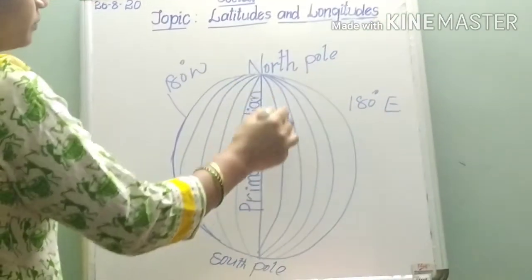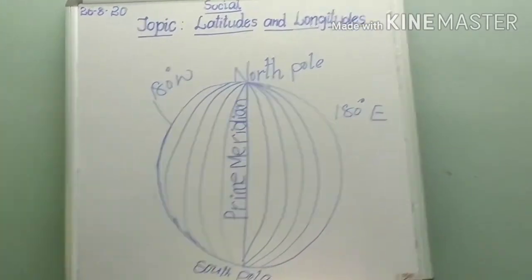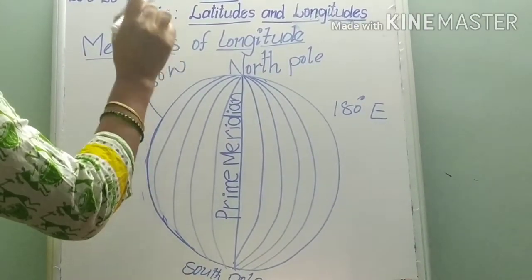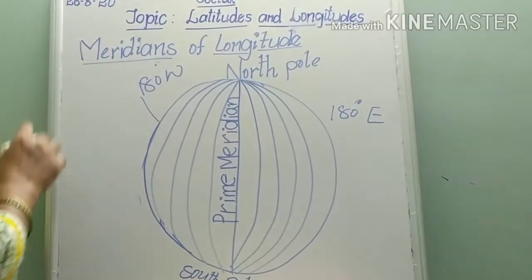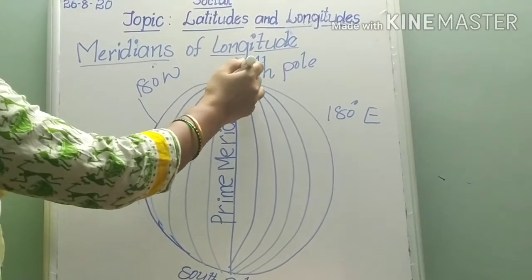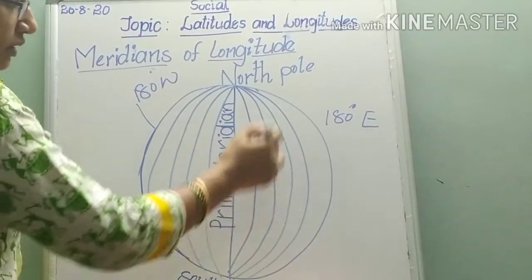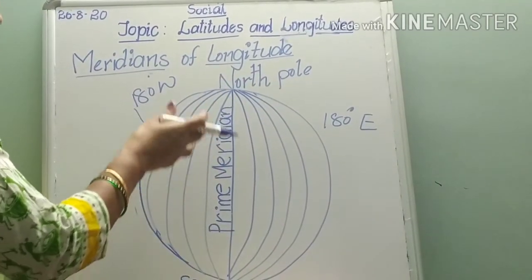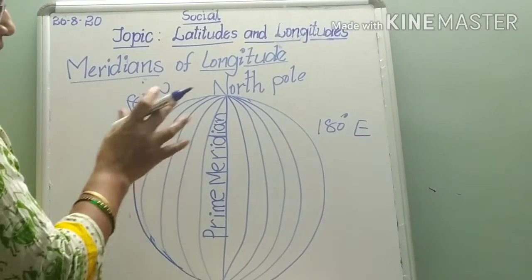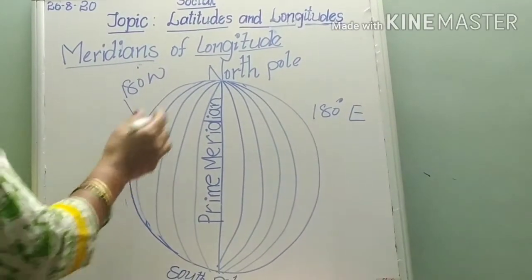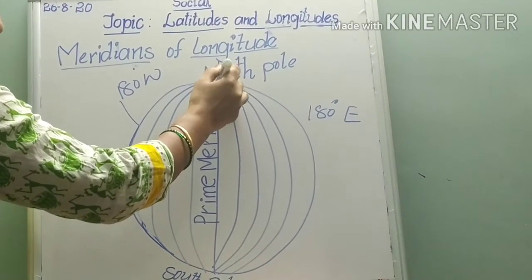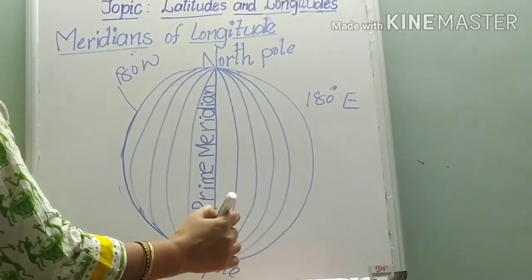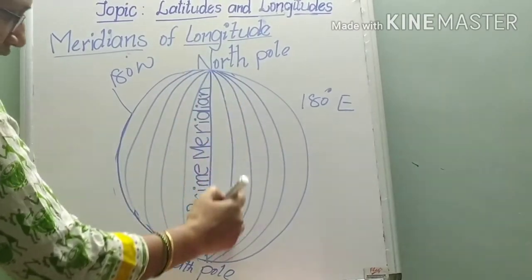Vertical lines are longitudes, meridians of longitudes. These vertical lines pass through the globe. This vertical line passes in the middle of the globe or the middle of the earth.